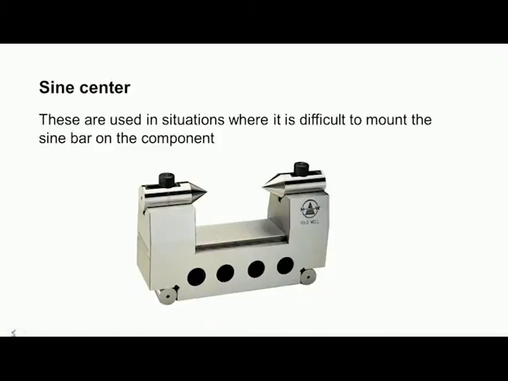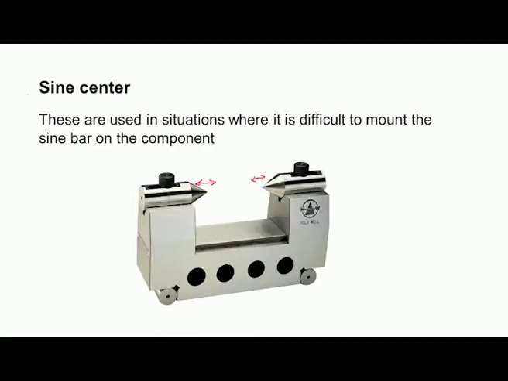These centers are slidable. You can see the slot here, we can loosen the clamp and then move the centers axially like this to accommodate workpieces of different lengths. So, this sliding arrangement is provided.